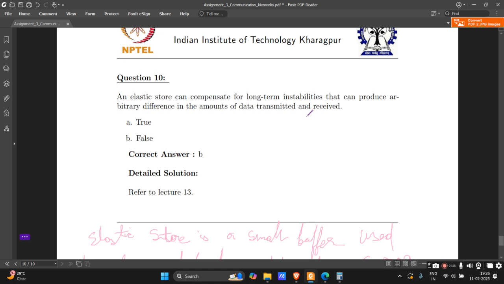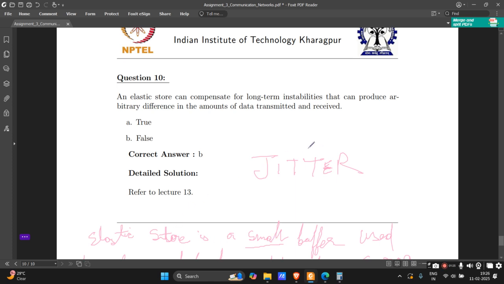This difference in arrival time of different packets causes a phenomenon called jitter. To prevent this jitter, we will use an elastic store. But this elastic store is for short-term instabilities. As I have stated, it is a small buffer, so it cannot hold a lot of long-term data.